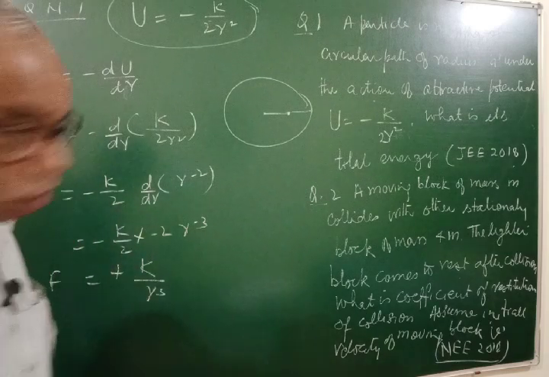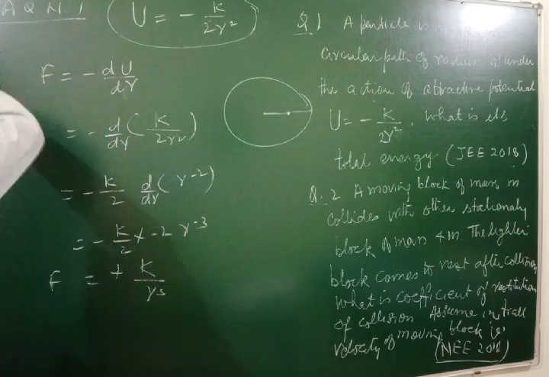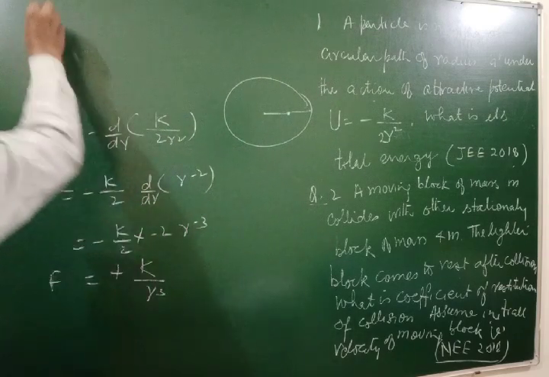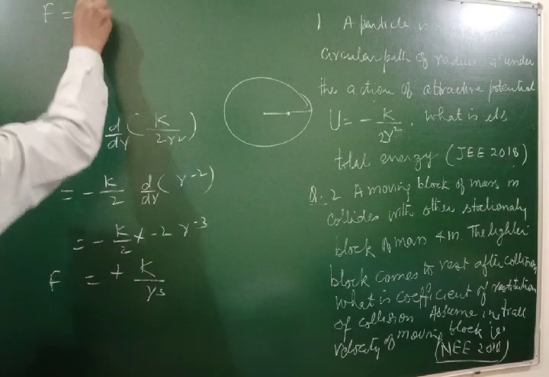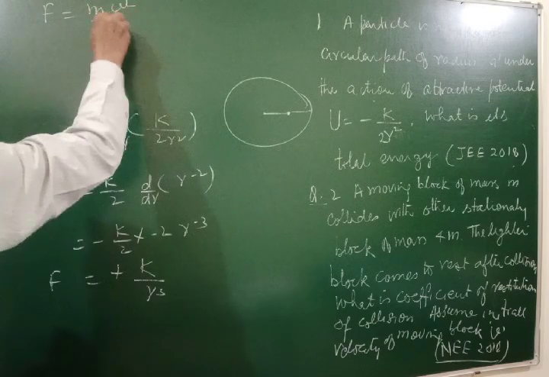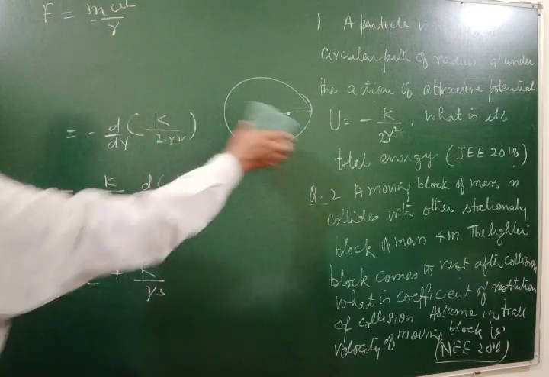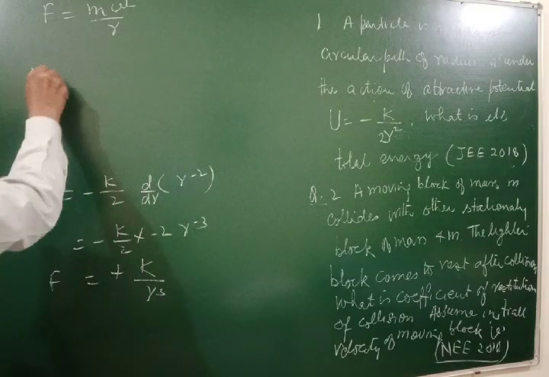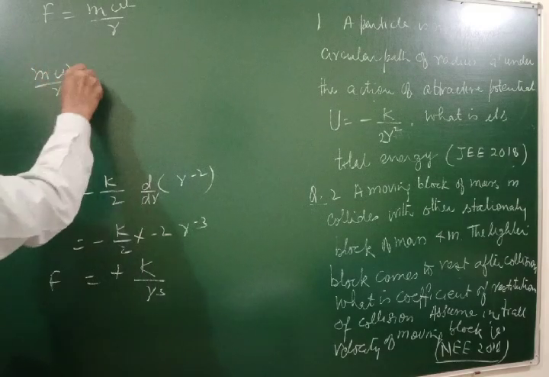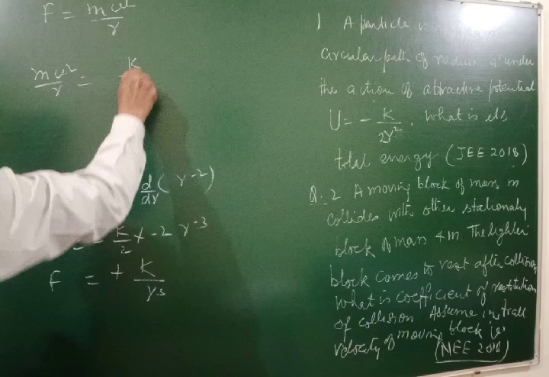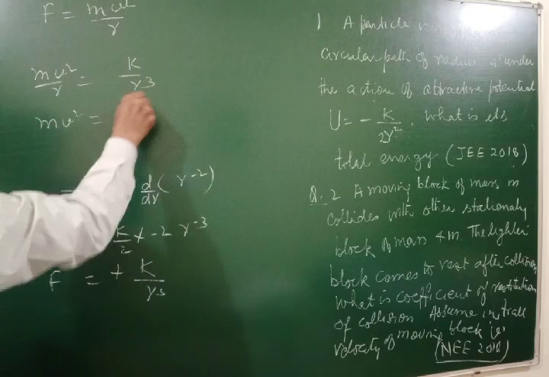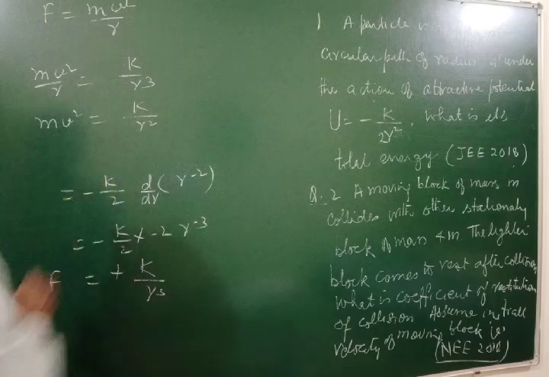Since the body is moving on a circular path, and on a circular path a central force is required, we know F equal to mv square by R. So we can write mv square by R is equal to K upon R cube, or mv square is equal to K upon R square.